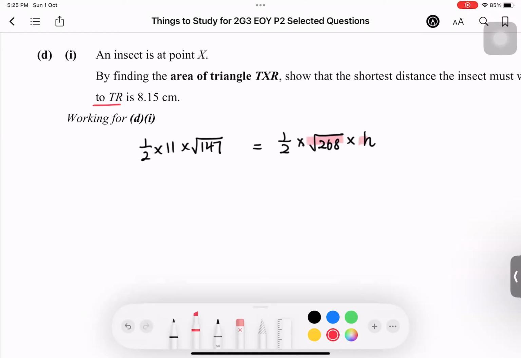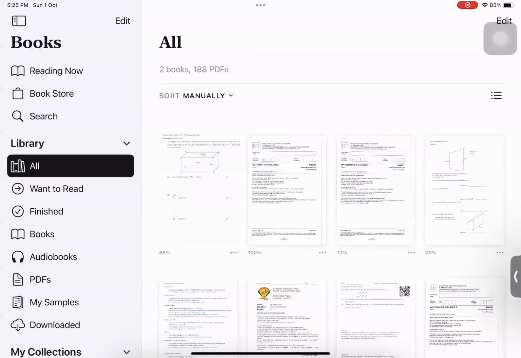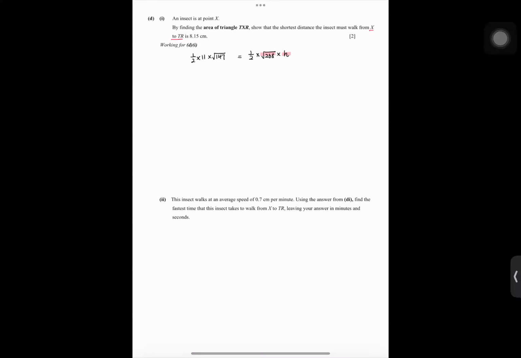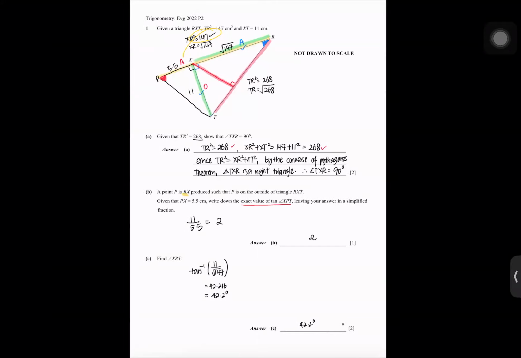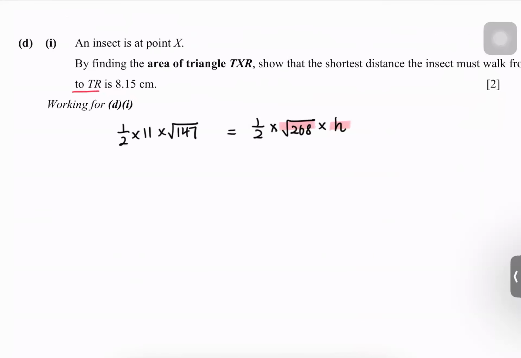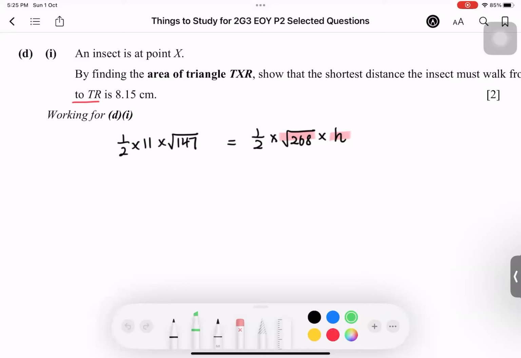The other one is the green pair, square root 268. Then on both sides, you notice half can cancel away, and I want to find h. So I just take 11 times square root 147 over square root 268. If you don't like all the square root signs, you can just work everything with decimal places. It still works as per normal.